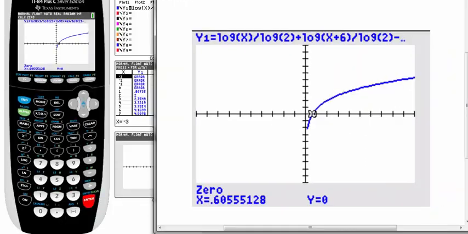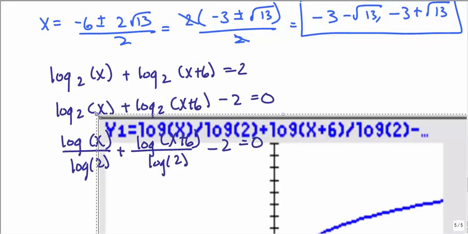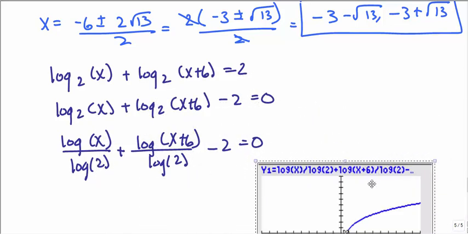So let's go ahead and compare this to what we found. And then I think I want to look at some decimal approximations too of what we have going on here.